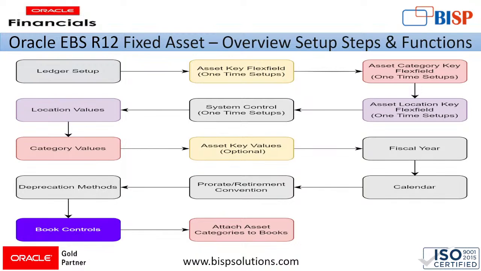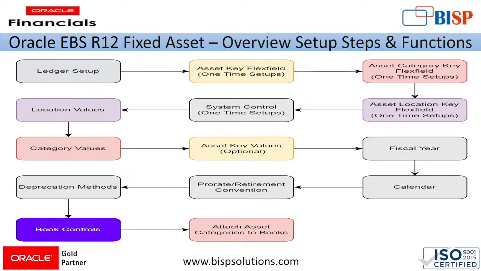You can create any number of tax books from the corporate book, right? You can call it corporate book, depreciation book, any naming convention you can give. The corporate book is there, and you will attach the asset category to the books, right?